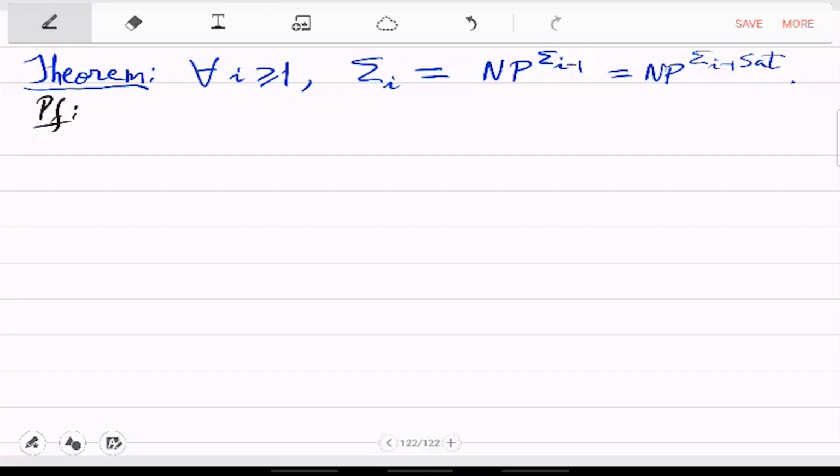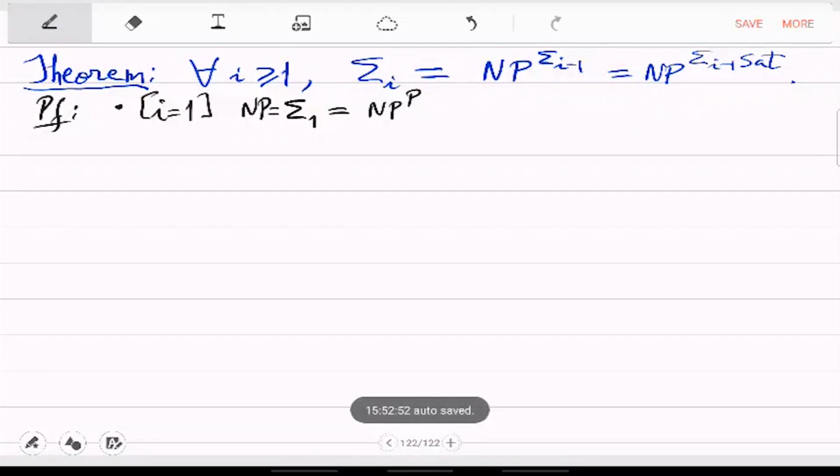Right, so the proof is just working with i equal to 2. i equal to 1 is clear, NP is equal to NP. Maybe I write that down. So i equal to 1 is just saying that sigma 1, which is really NP, is NP to the sigma 0, which is P. Giving an NDTM oracle from P doesn't change anything.